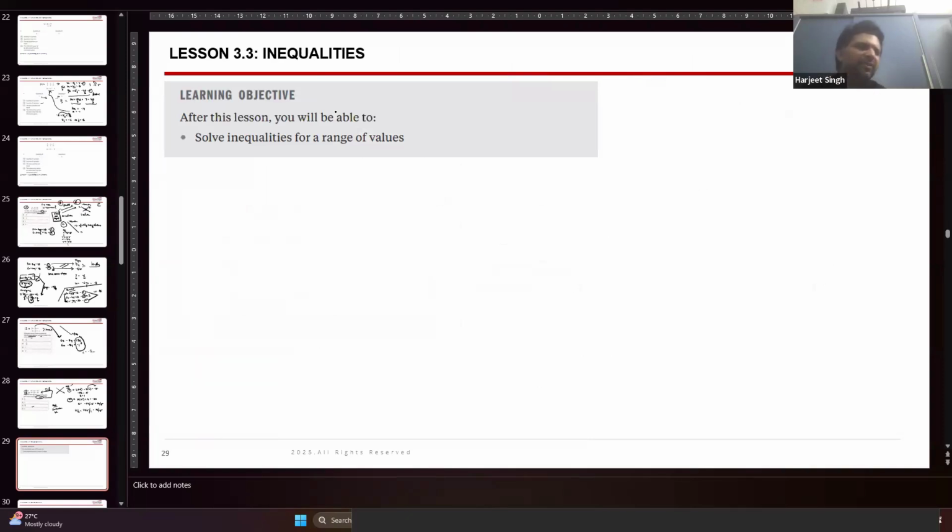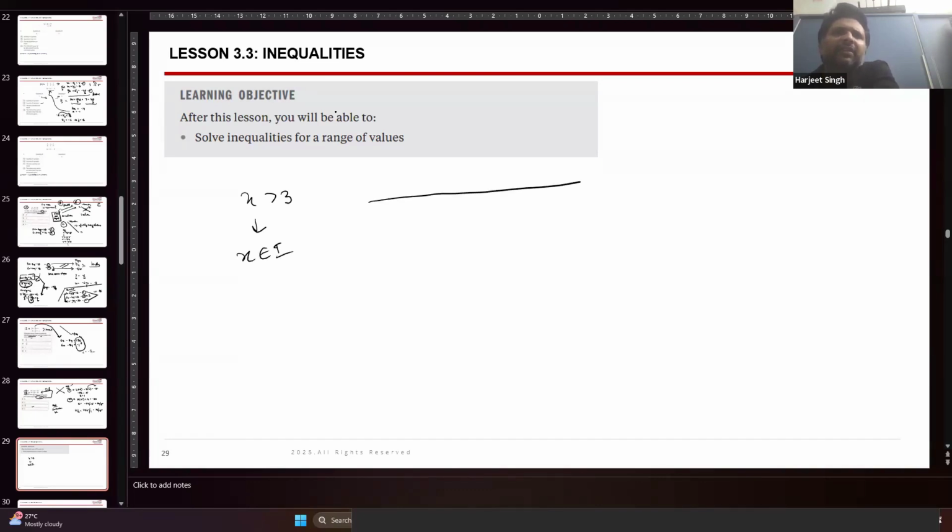Next topic. We have some time, right? 15-20 minutes more. Yeah. So next topic is inequalities. So what is inequalities? Inequalities will give you a range of values. Example, x greater than 3 and x is an integer.